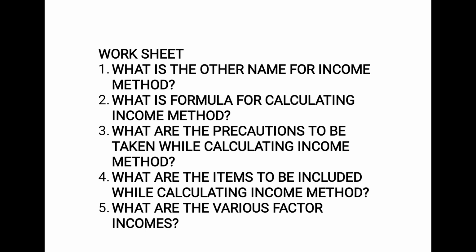Corporate profit should not be included because the company's profit has already been included while calculating national income. What are the items to be included while calculating national income? Self-occupied houses or offices have to be taken into consideration. Then services provided by the family members in the production process, that income has to be included.